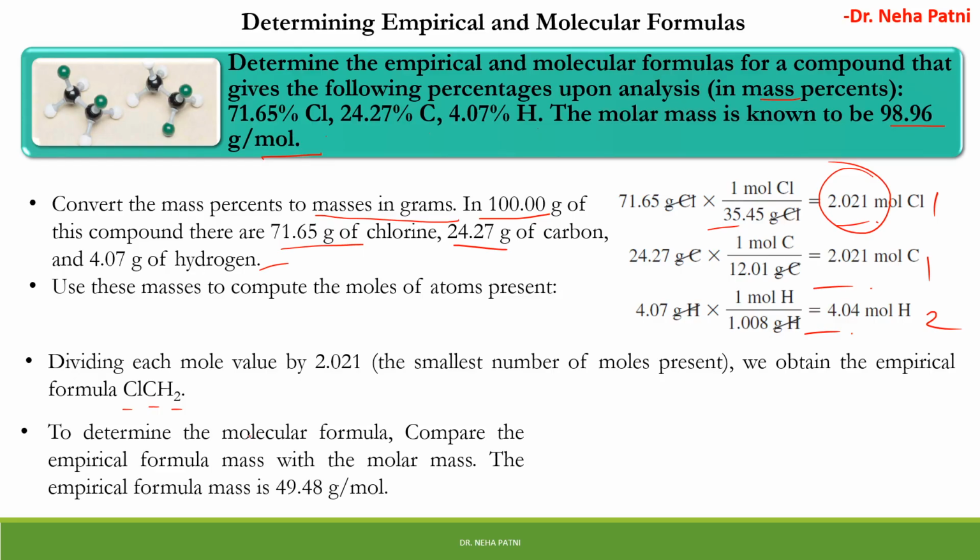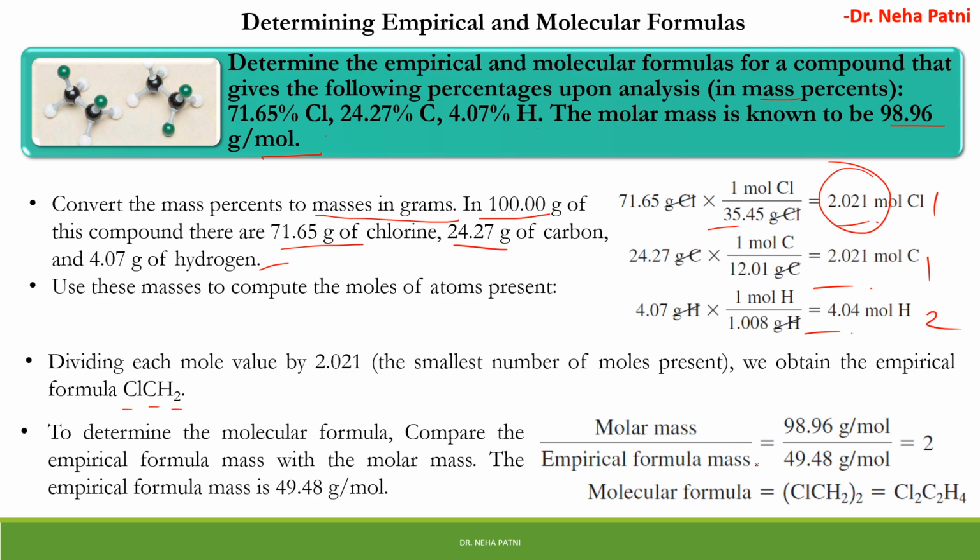Now to calculate the molecular formula, as said, there would be an integer, and that integer would be nothing but the ratio of molar mass and empirical mass. They have already given the molar mass in the question, which is 98.96. So use that 98.96 and divide by 49.48, which you have got using the empirical formula, and then you'll be getting 2, and that is the integer.